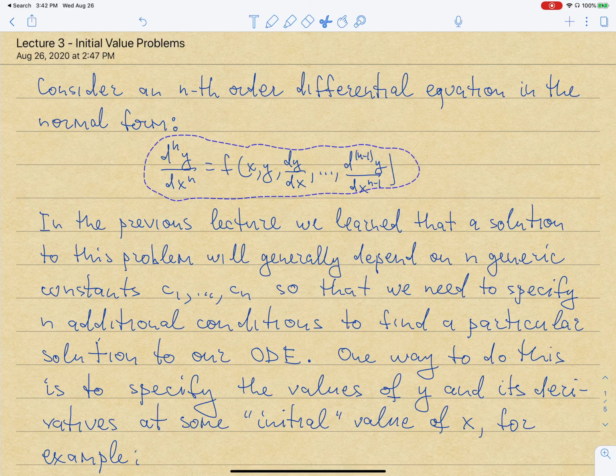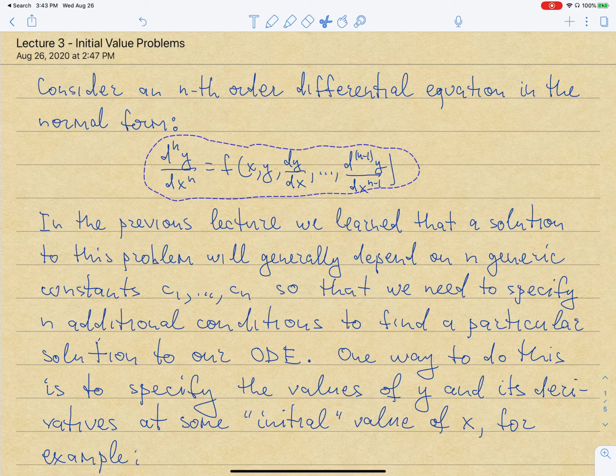We said that any solution which does not involve any parameters we're going to call a particular solution. And so in order for us to find a particular solution of this equation, in addition to the equation itself, I'll have to specify n additional conditions that will allow me to determine these n parameters.